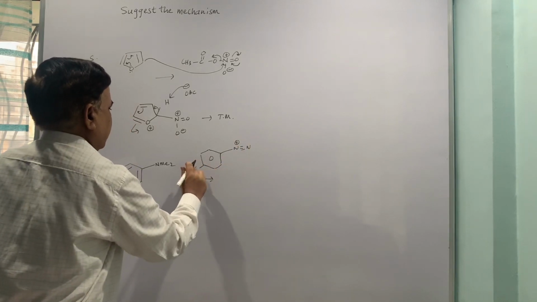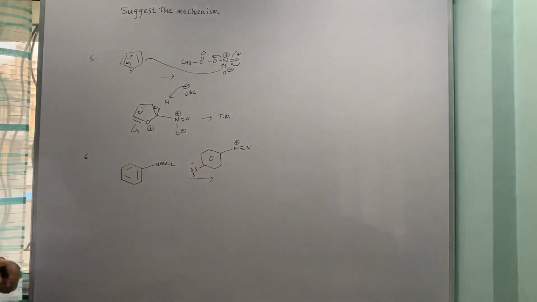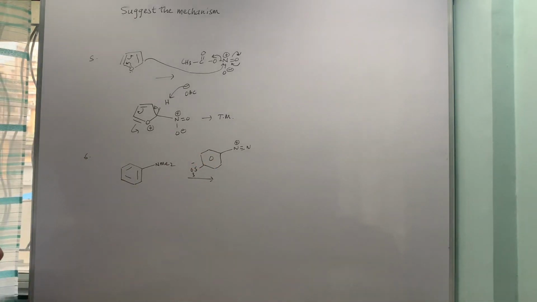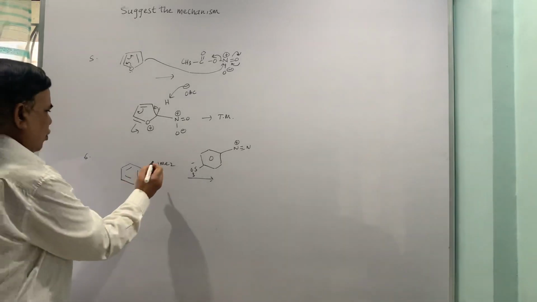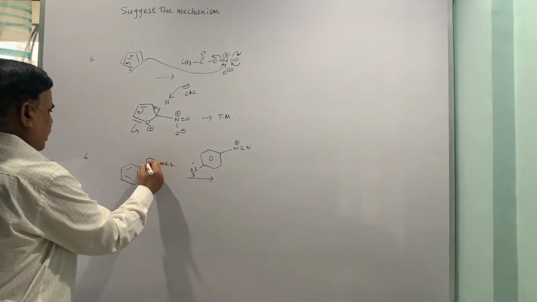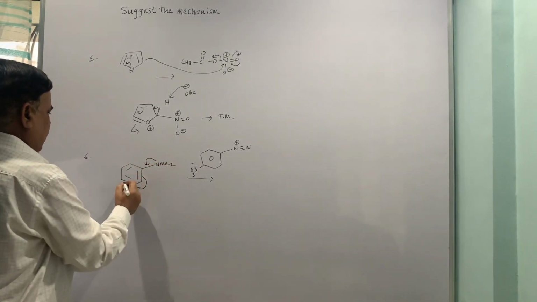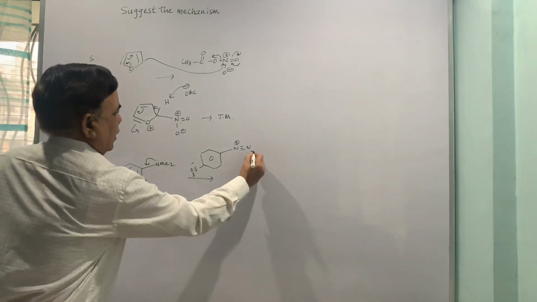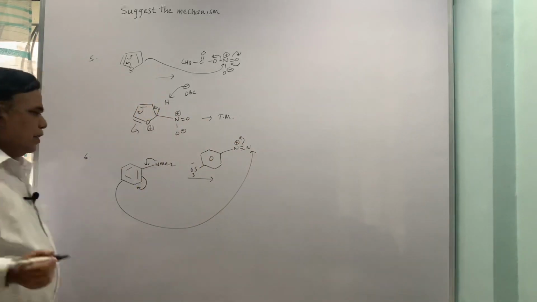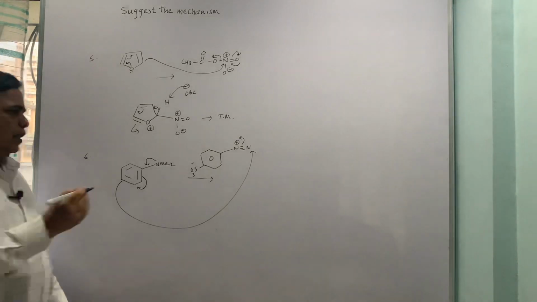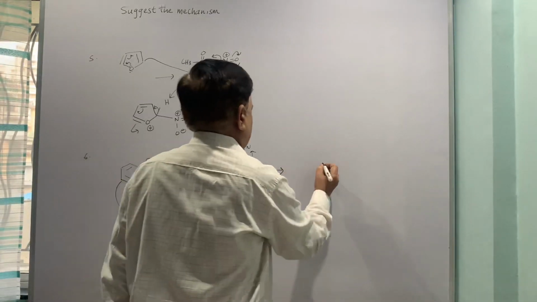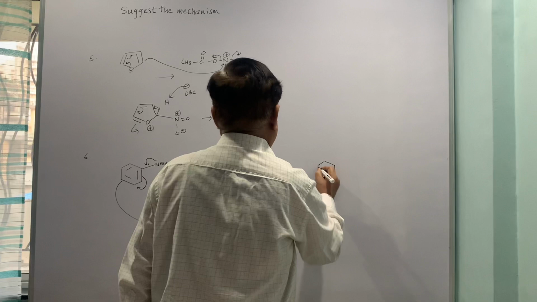Now this is sulfanilic acid, the diazonium ion is prepared, and now this nitrogen lone pair can participate, and ultimately this kind of coupling takes place, and the transition state would look like this.